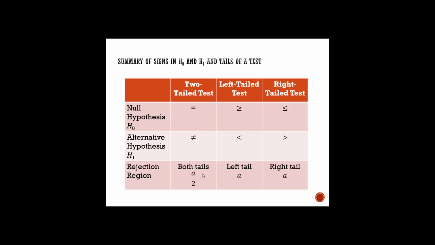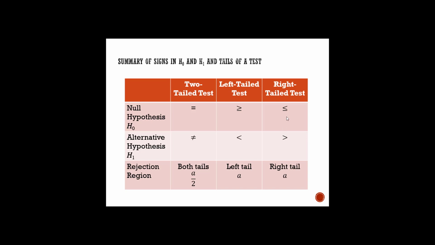The rejection region in that case will be in both tails, and we will divide alpha by 2 to create that rejection region. If we have, however, a left-tailed test, well, our null hypothesis says greater than or equal, and our alternative points to that left tail, doesn't it, with the less than sign. Where do we put our rejection region? It goes in the left tail, and it is not divided. Alpha's not divided. All of alpha goes in that left tail.